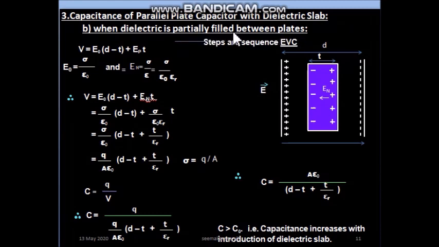Now the meaning of partially filled dielectric is, if these are the plates of a parallel plate capacitor which are oppositely charged, and now in between the plates of the capacitor air is replaced by a dielectric medium, and this dielectric medium, its thickness T is not equal to the separation between the plates D. That means the thickness T is less.